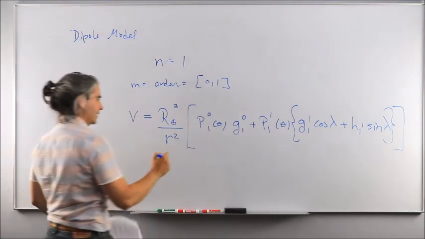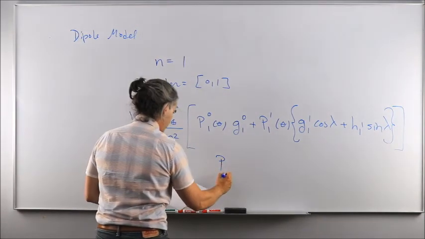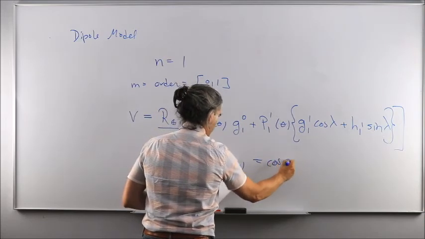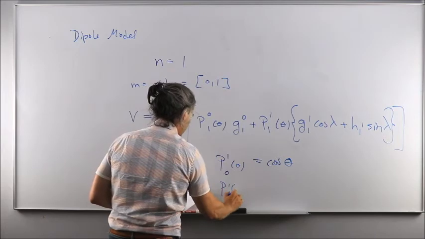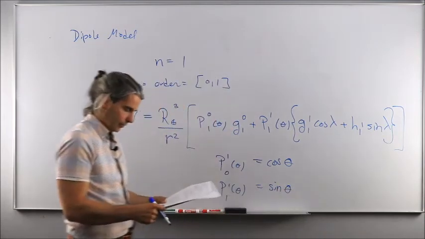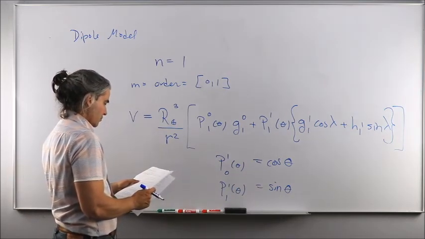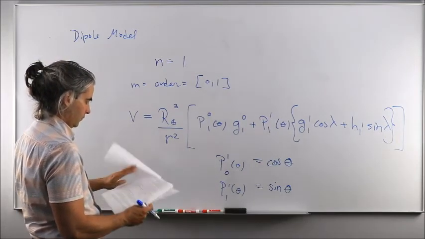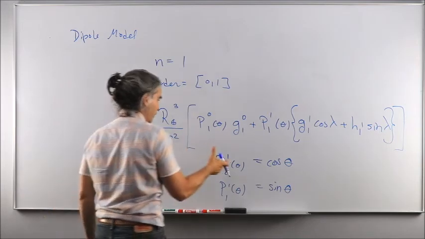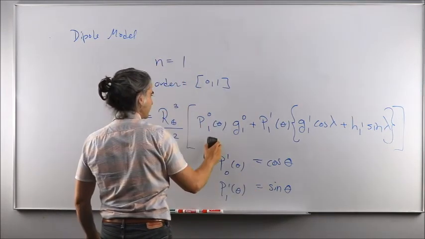Okay? And turns out that explicit formulas for the Schmidt normalized Legendre functions or polynomials are going to be for P01, as a function of co-latitude, simply the cosine of the angle, and your P11 as a function of the co-latitude will simply be the sine of your co-latitude angle, such that with that in mind, okay, you could substitute your Legendre polynomials with what they happen to be, specifically for this circumstance.